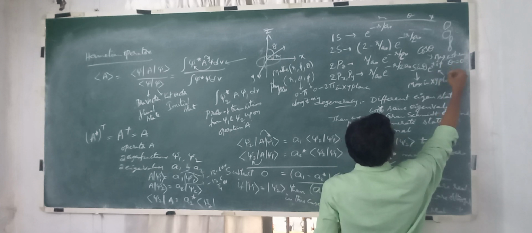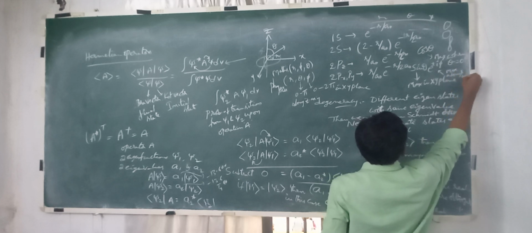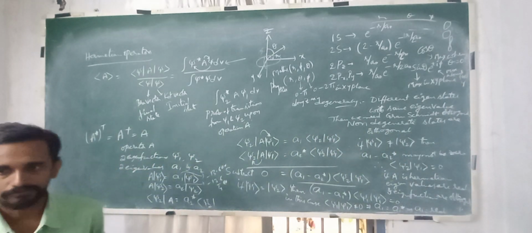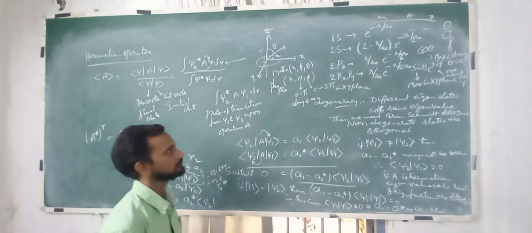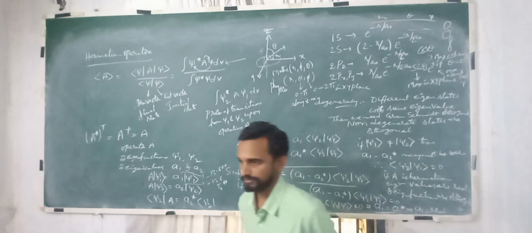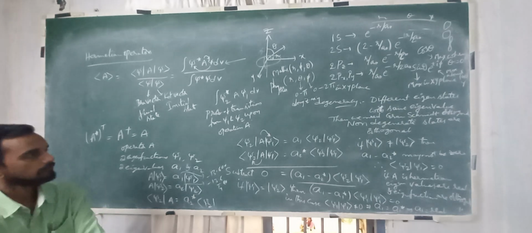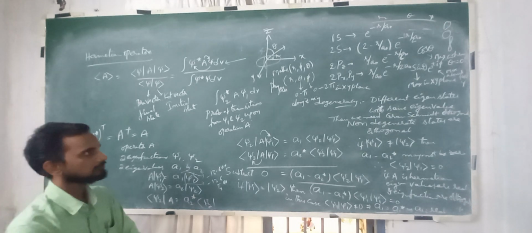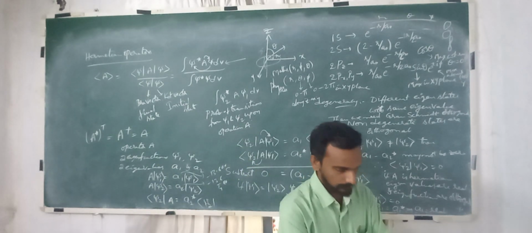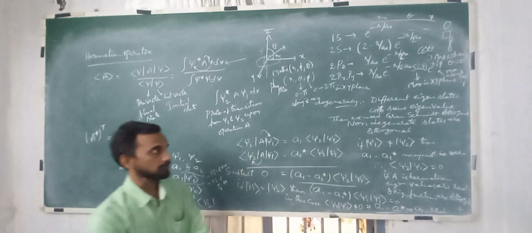This is maximum along x or y. So that is what we obtain using Gram-Schmidt orthogonalization.